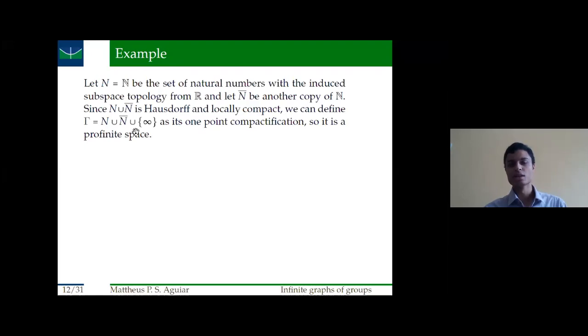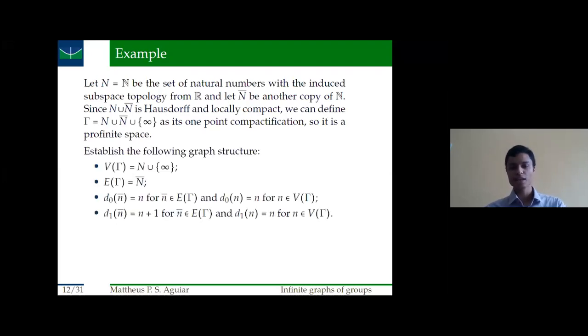Since it's Hausdorff, totally disconnected, and compact, it's a profinite space. And now we can define a graph structure, where gamma equals N union the one point infinity. The edges of gamma is N. We note that the vertex set is closed here. And for incidence maps, we define these two maps. And a representation of this graph is the following.